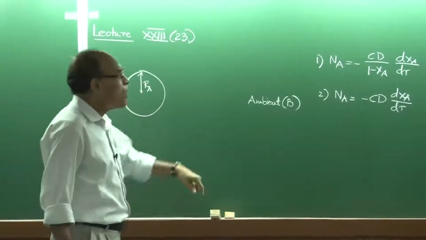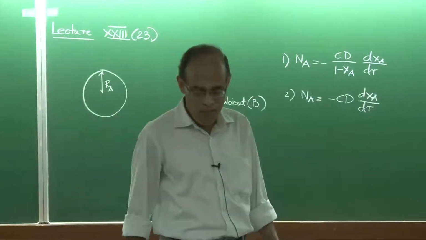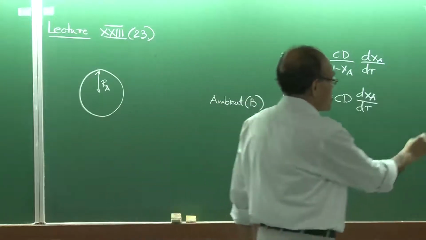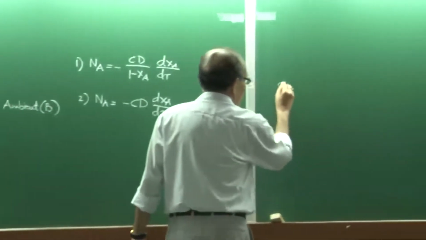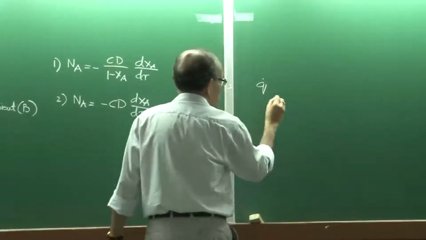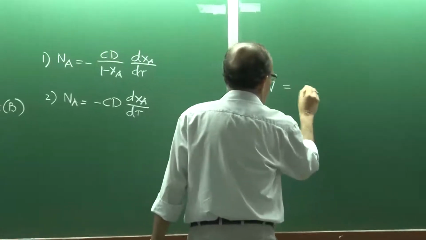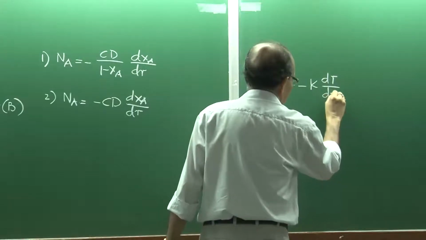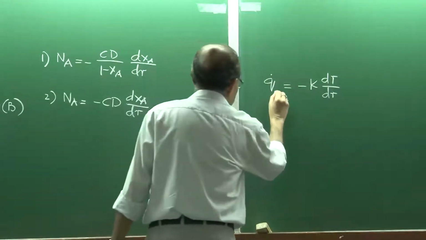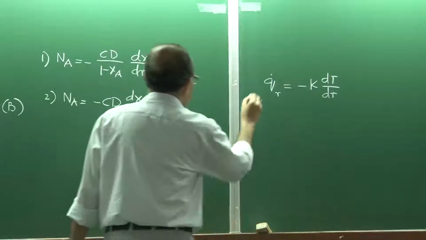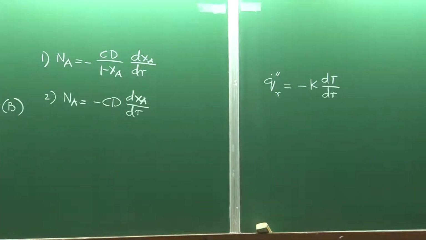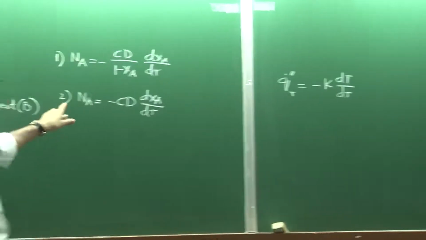If you compare our discussion with heat transfer, the corresponding heat transfer equation for the flux q is equal to minus k dT/dr. That is the radial direction heat flux, that's what was our notation. And if you look at this, there is a 1-to-1 similarity.